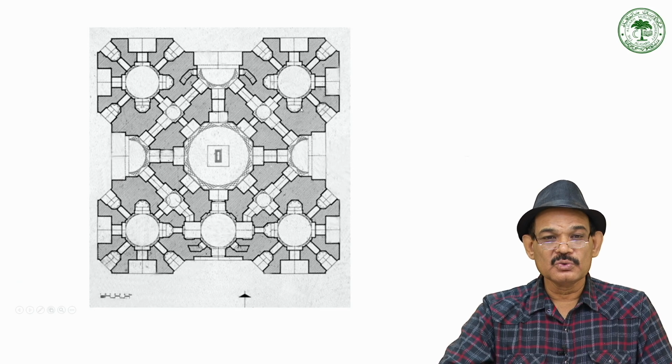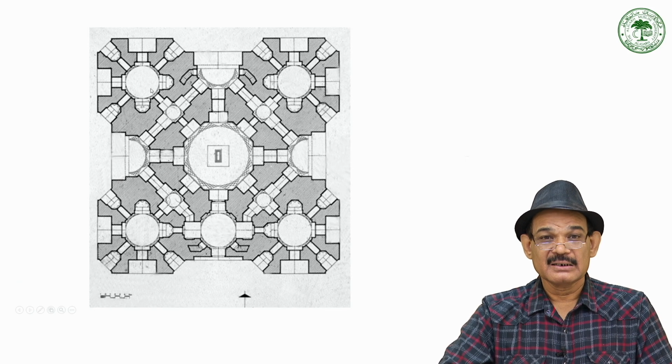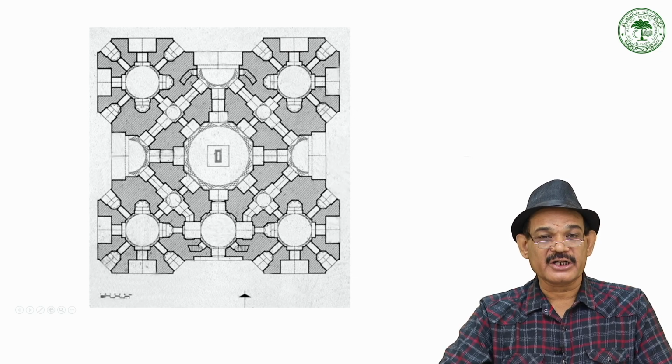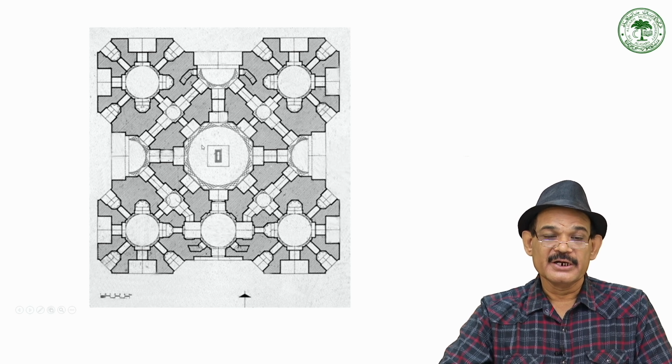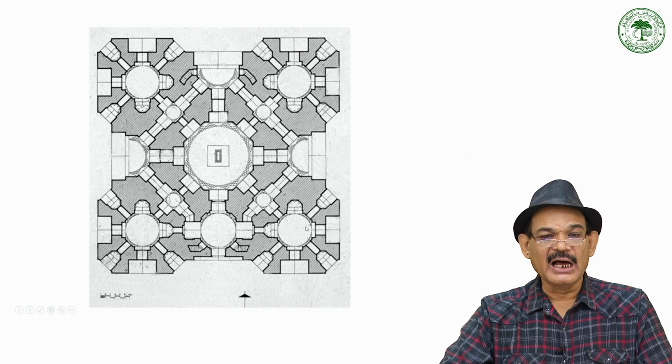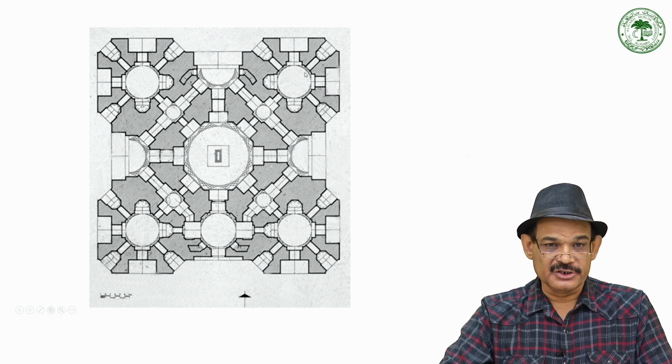If you go through its plan, now you look at it: in the central chamber, each side of the octagonal chamber has some openings. Each corner room and cardinal chamber are all interconnected with each other.